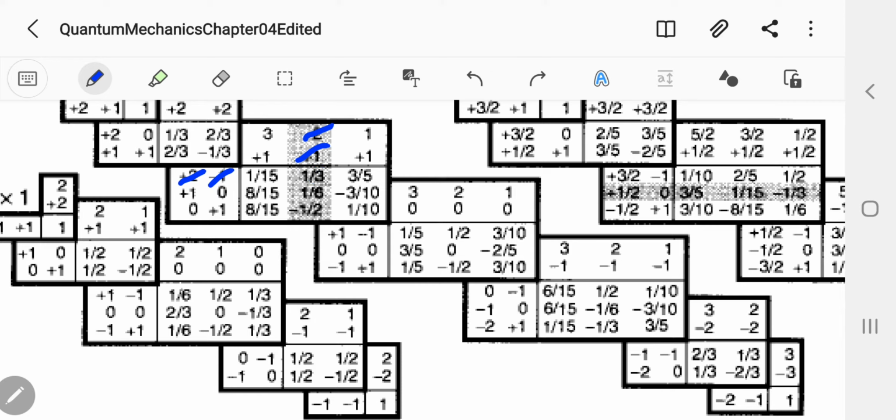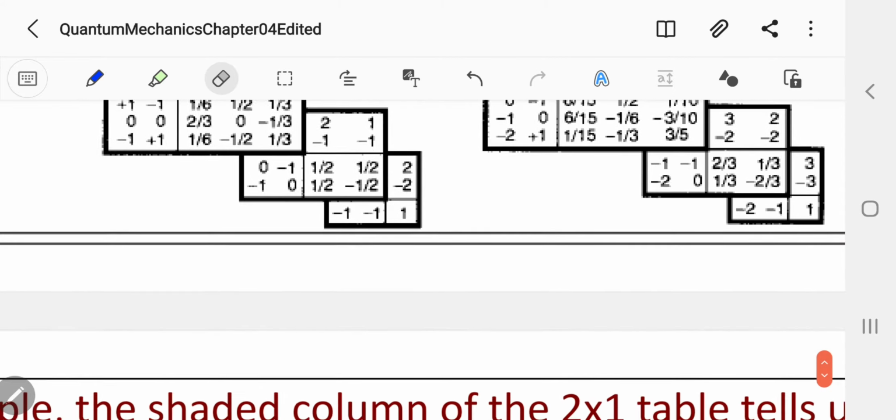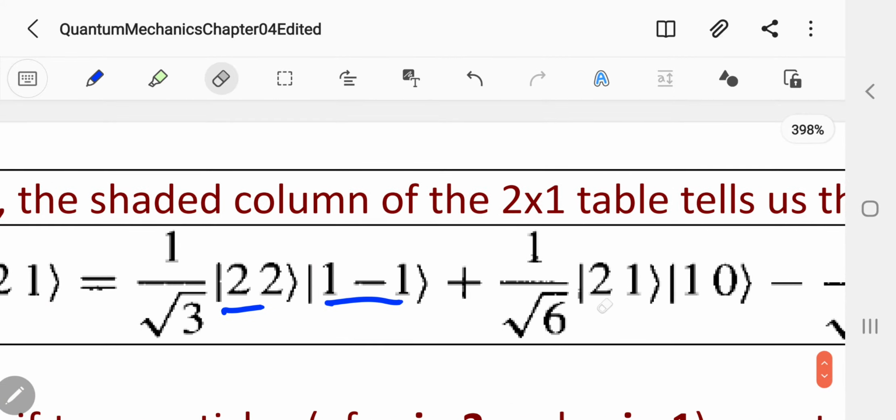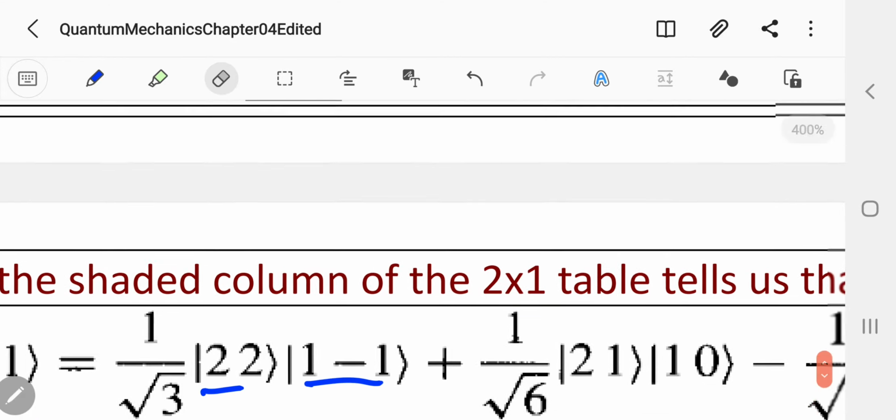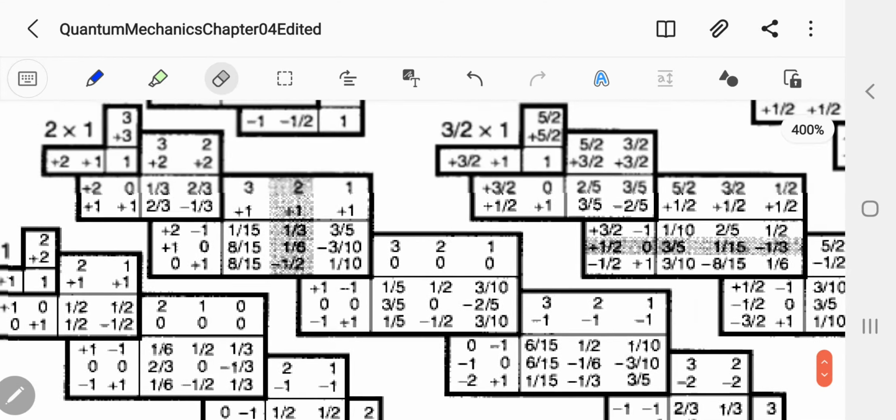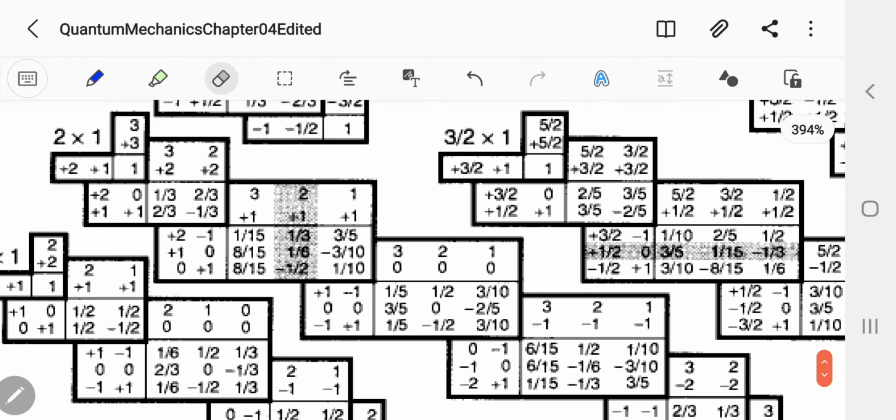So that's the first contribution. The second contribution would be 2 1 and 1 0 with probability of square root of 1/6, or 1 over square root of 6.